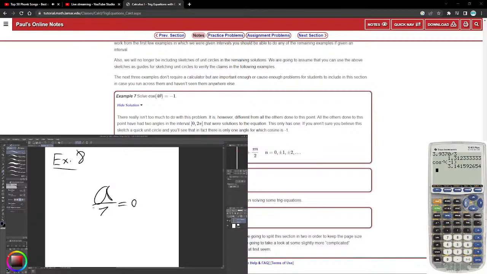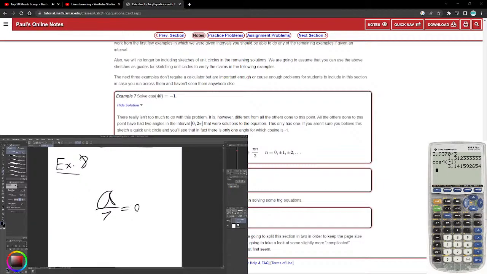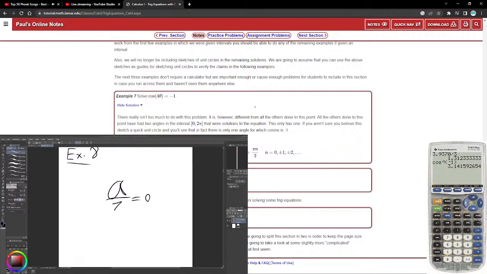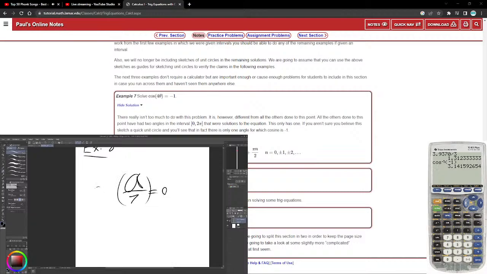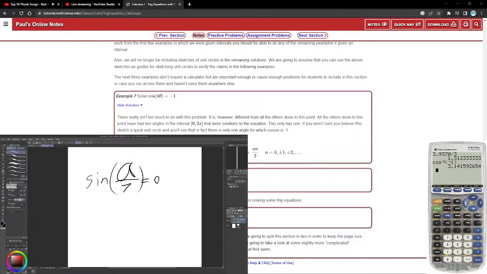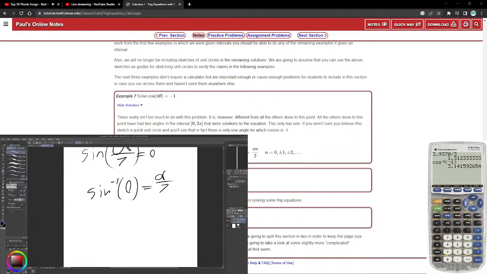So, what do I want to do? Oh, it's sine. So inverse sine of 0 equals alpha over 7. What's sine of 0?